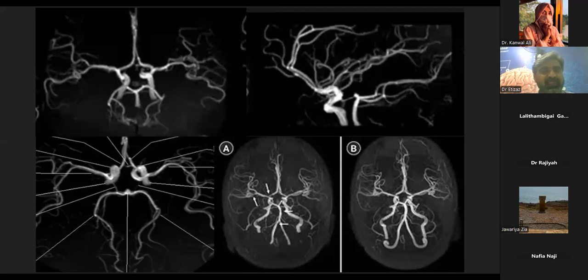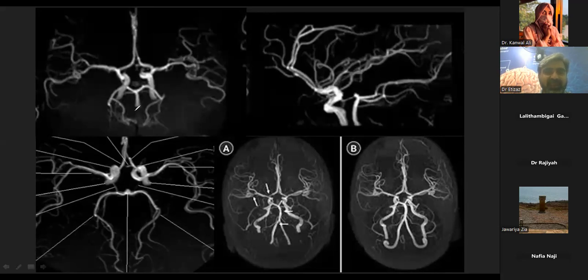So can anyone interpret the first figure of the MR angio on the left side? It's the same as CT, but it has good imaging.